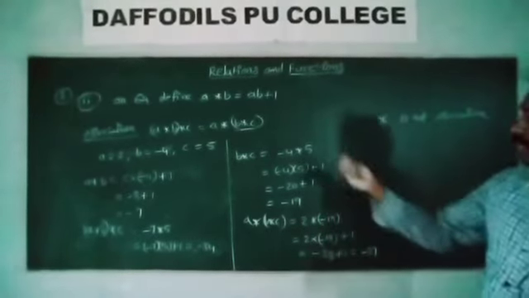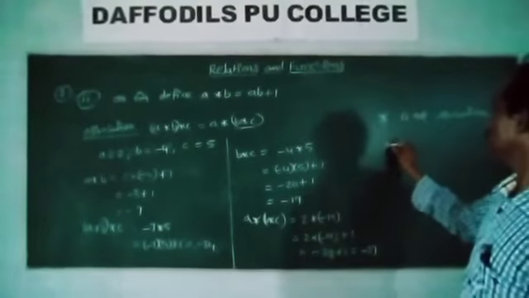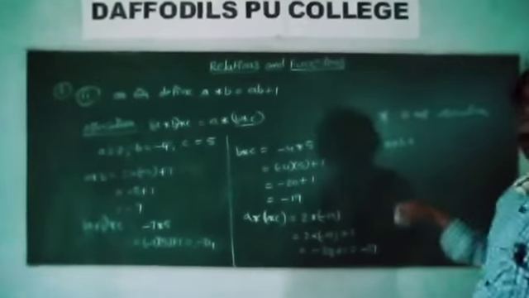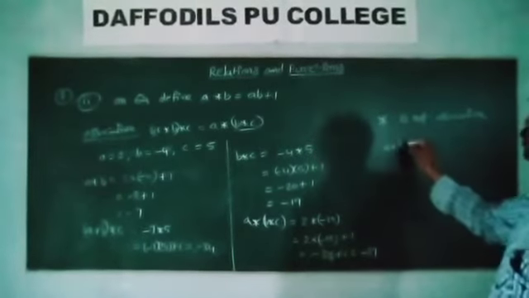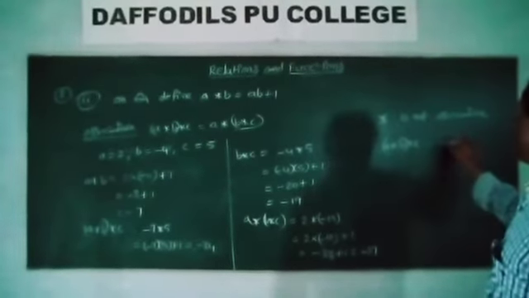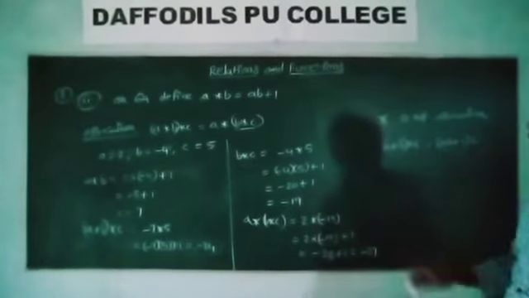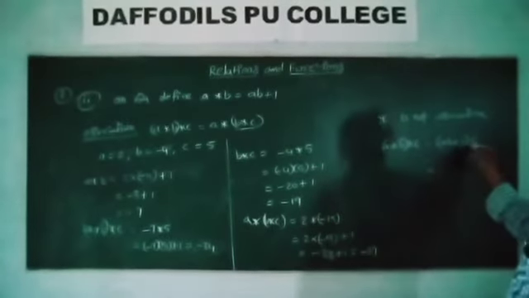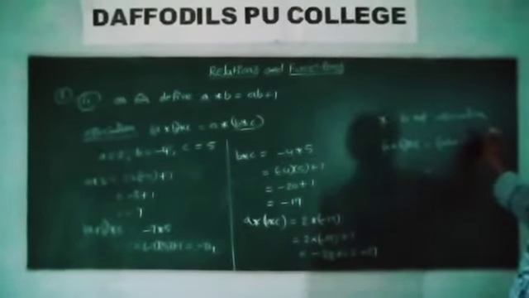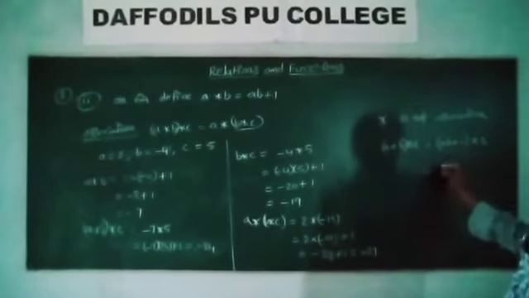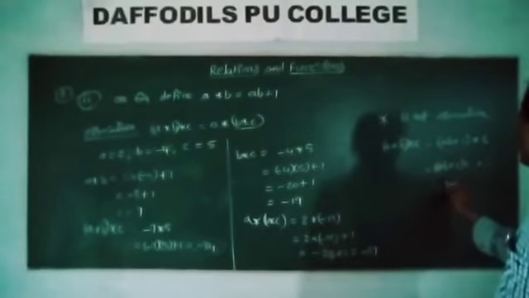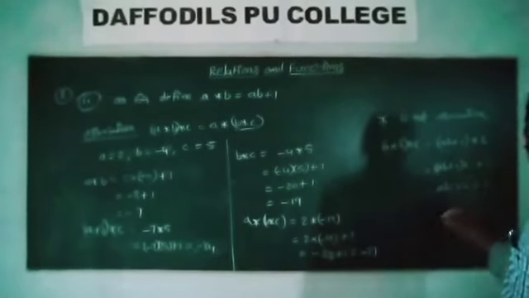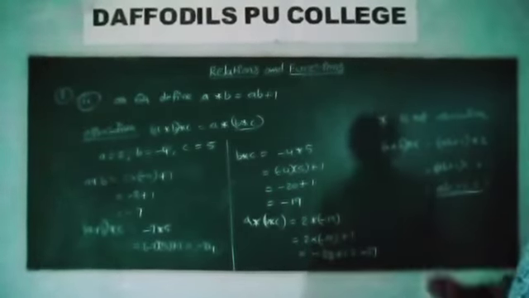Okay, without examples, how can you do it? First of all, this is AB plus 1, star C. Now, total: AB plus 1 of C plus 1, that implies ABC plus C plus 1. So this is the LHS.